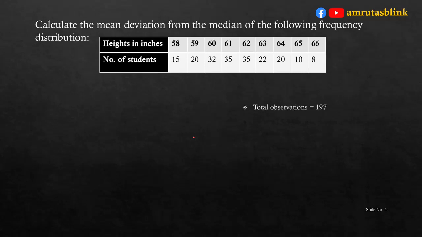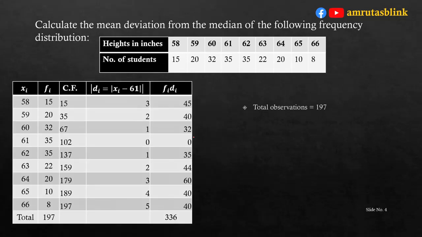Now, in this problem we will first of all create the table. Initially, we will write all the observations into the xi column, that is the height in inches: 58, 59, 60, 61, 62, 63, 64, 65 and 66.